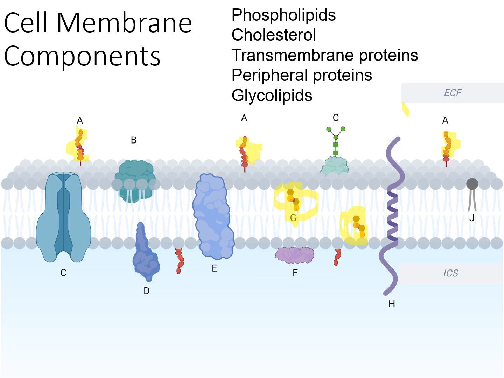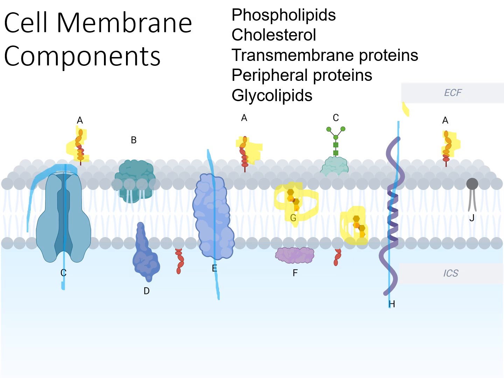Everything else labeled on this picture, all of those things between B and H, I think it is, all of them are proteins. Some of them span the entire length of the cell, like this one here, C, this one here, E, and this one here, H. So these span the entire membrane, and they look like they've tunneled through the membrane.